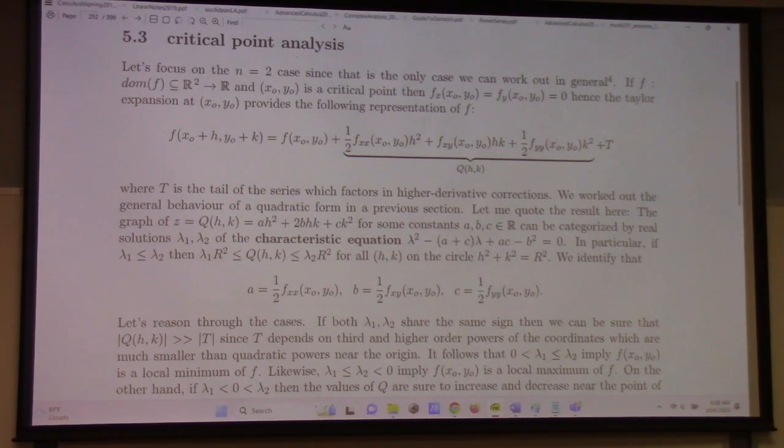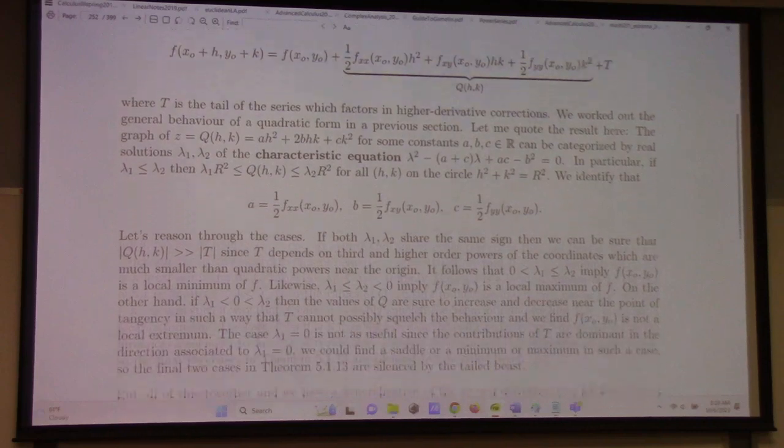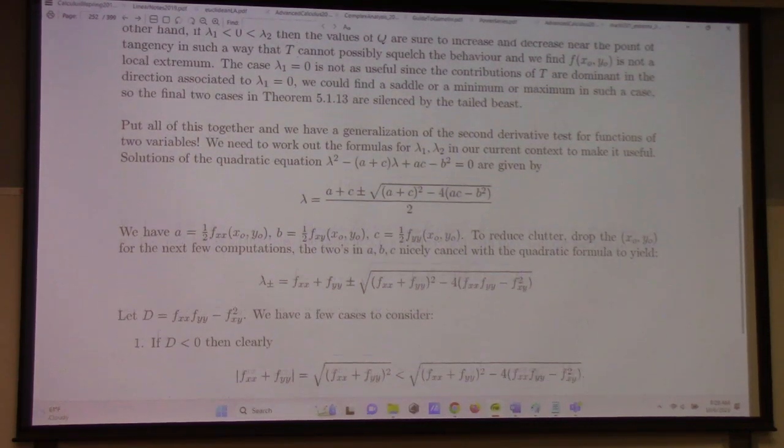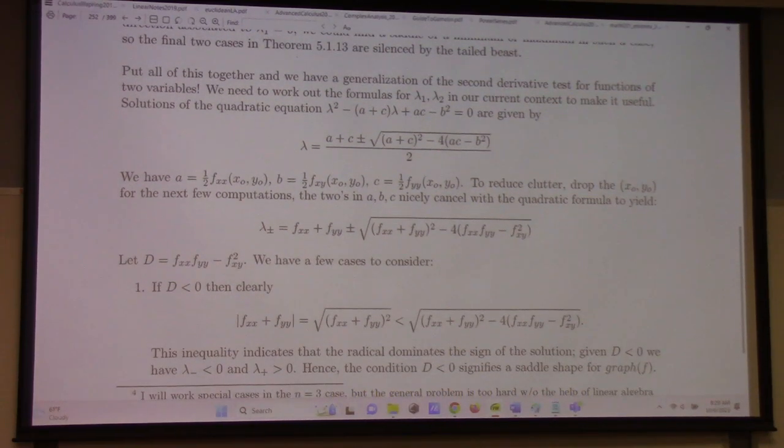And so I can just use that result to analyze what happens here. So we had the formula for lambda in terms of the coefficients. If I plug in what I have for a, b, and c into these formulas and do out the algebra, I get this and that.